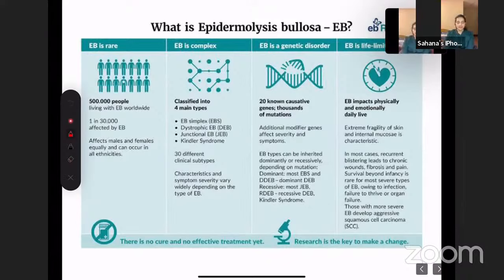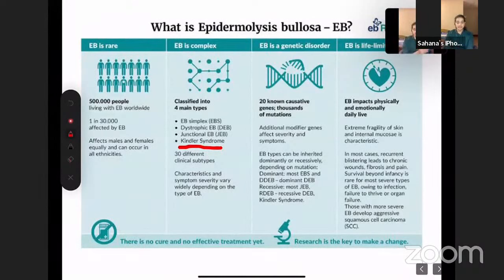It's mainly classified into 4 types. I already told you about the 4 types very briefly: epidermolysis bullosa simplex, junctional EB, dystrophic EB, and there is also something known as Kindler syndrome, which I will tell you in the later slides. EB is caused by a number of genes.